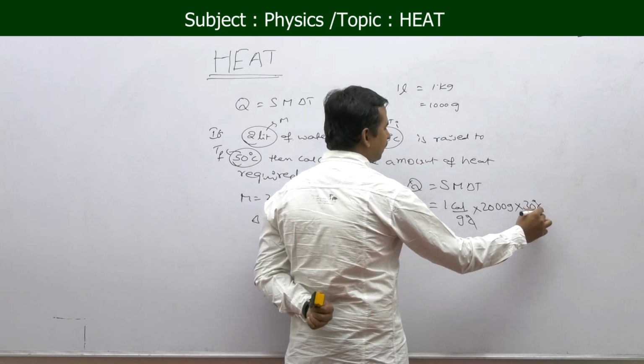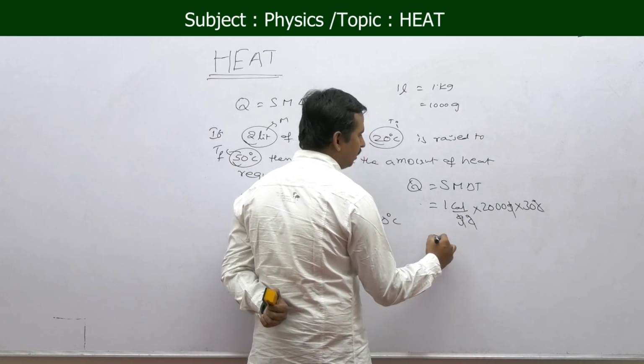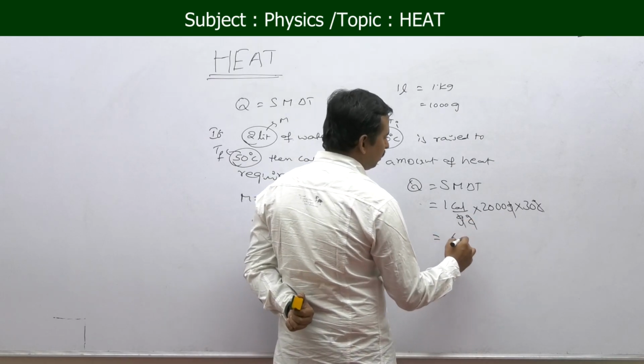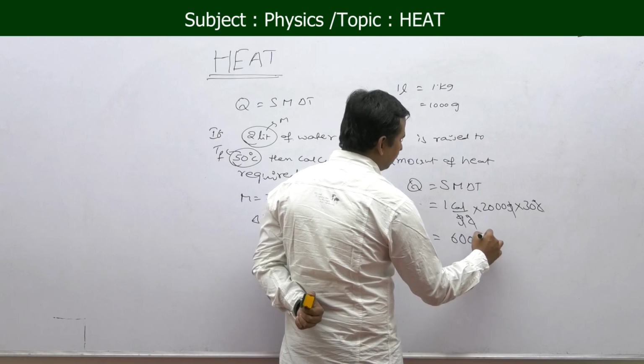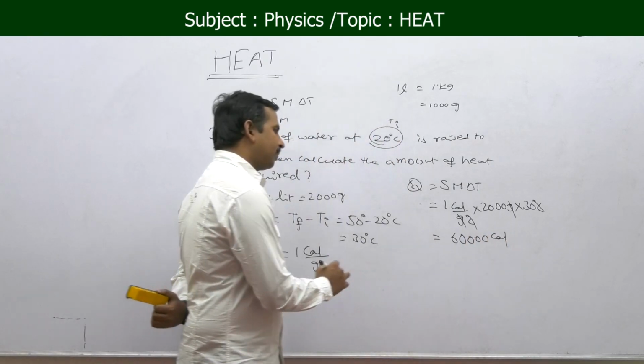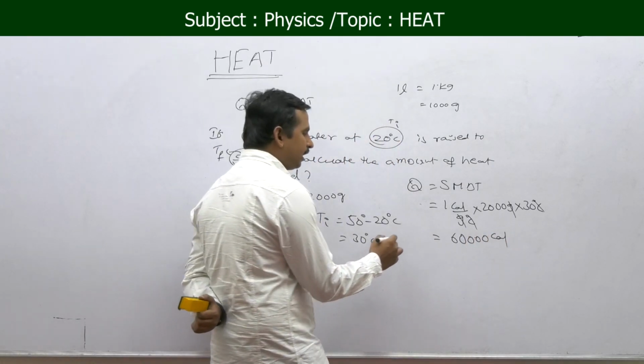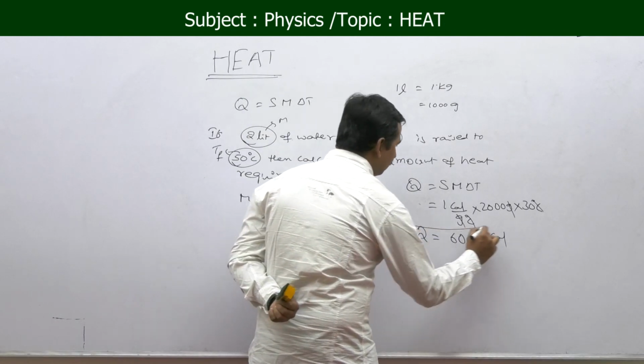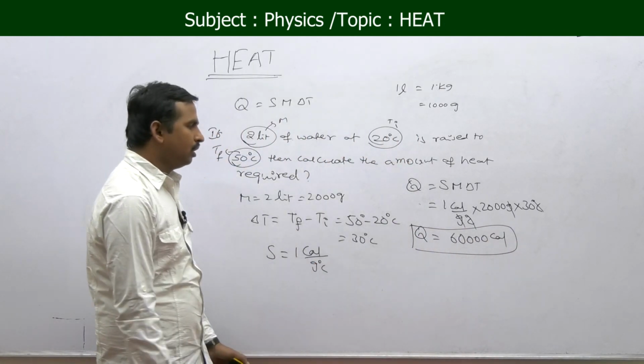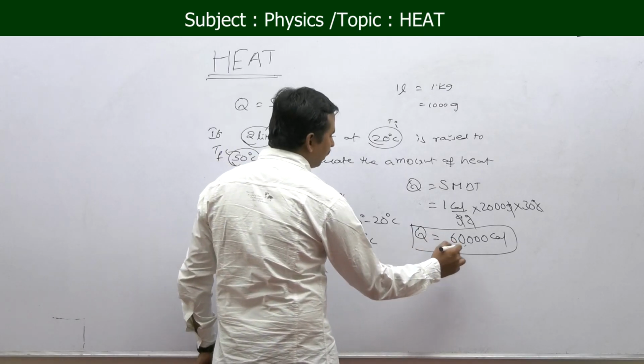Then degrees Celsius get cancelled and grams get cancelled. Finally, we got 60,000 calories. So this is the amount of heat energy required, in calories, that is 60,000 calories.